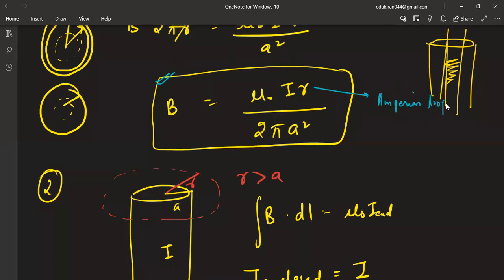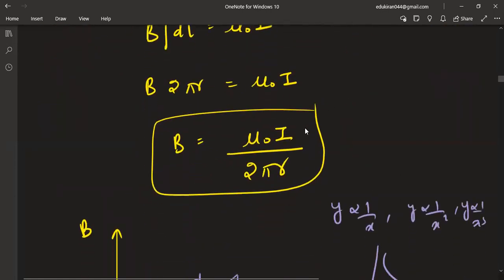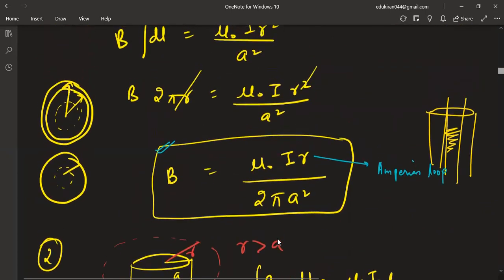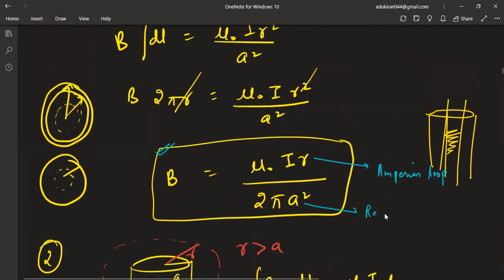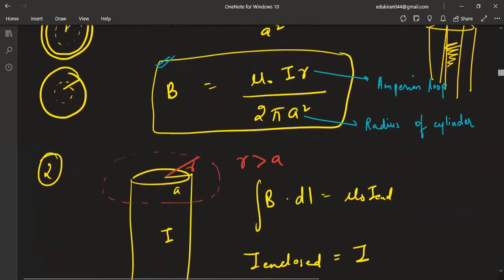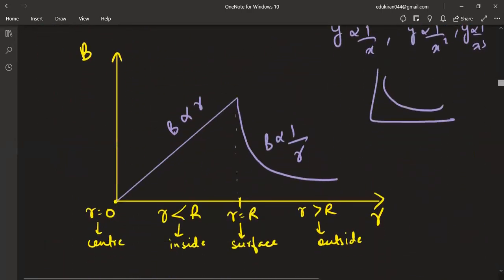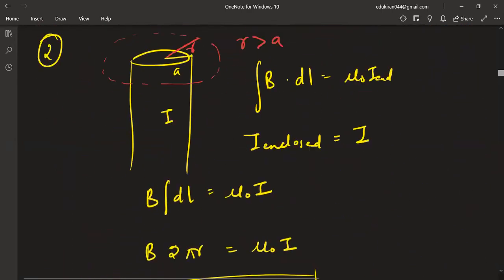This is the Amperian loop, and here also this is an Amperian loop, whereas your a here is the radius of the cylinder. So at least note these two formulas down. You should know these. Questions on plotting graphs will also come from this topic.